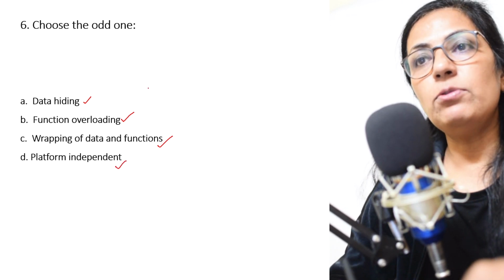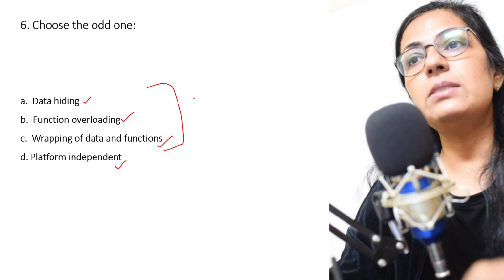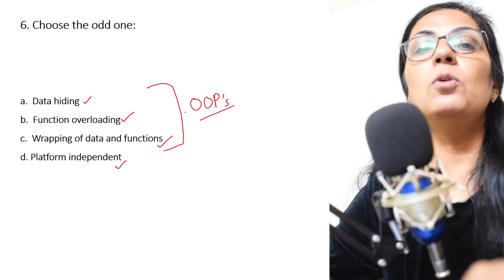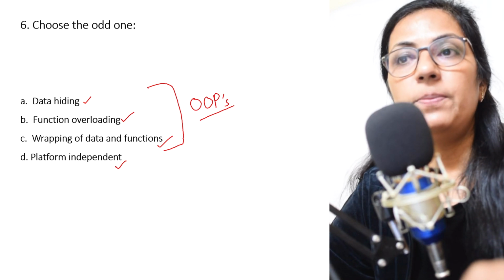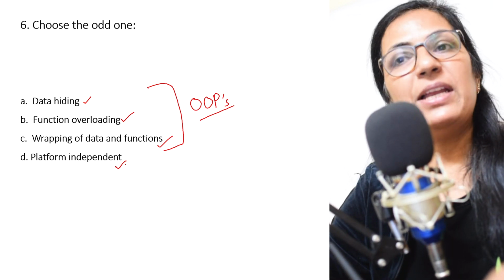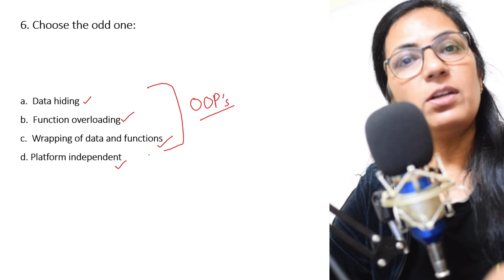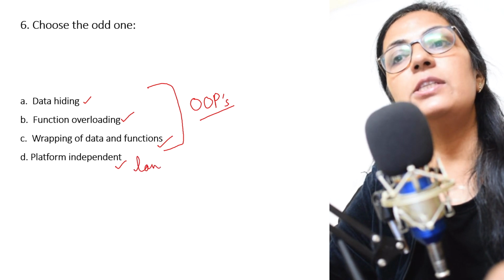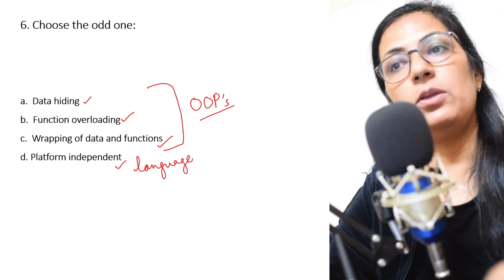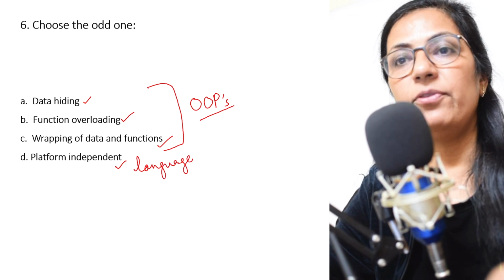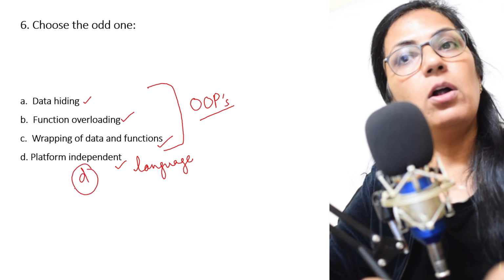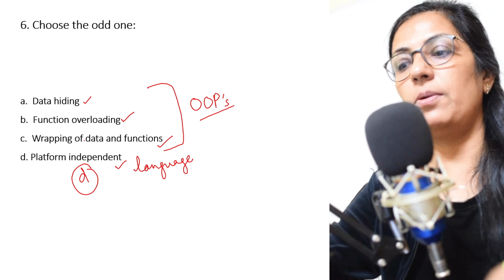So children, if you notice here, the first three are achieved using the OOPS principle, that is object oriented programming principle. But platform independent is not a feature of object oriented programming, it is a feature of the language which we are using. Java is platform independent, right? So option D is the odd one, that is not in this group.